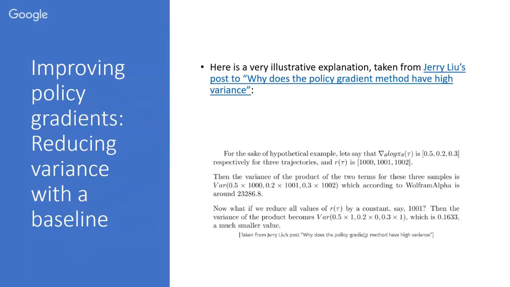Now, what if we reduce all of the rewards by a constant, say 1,001? The variance of the product, 0.5 times -1, 0.2 times 0, and 0.3 times 1, becomes 0.1633, a much smaller value.